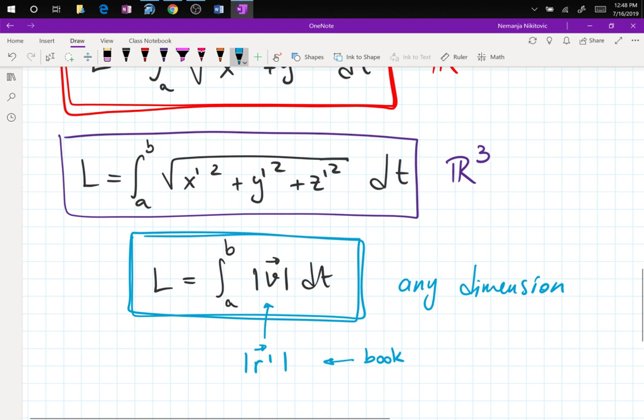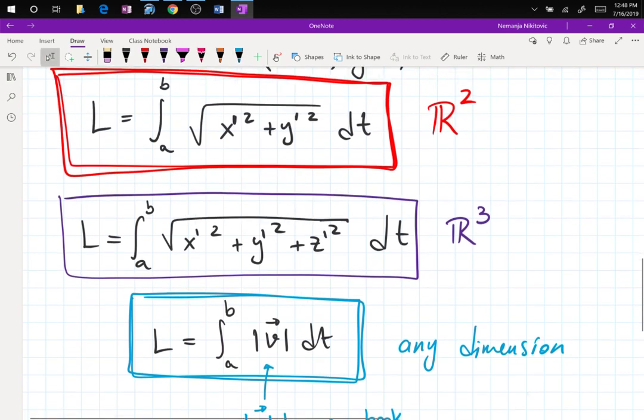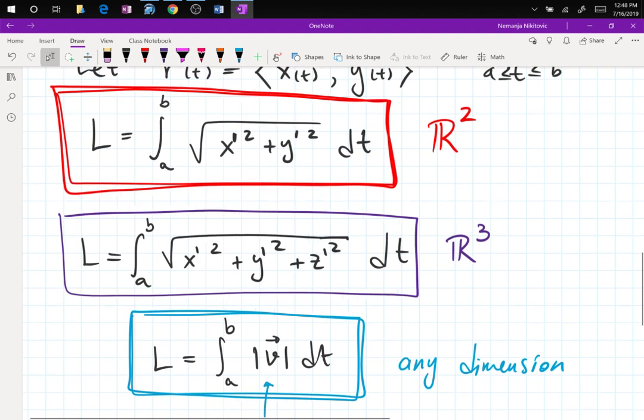We know that velocity is r prime. So we had that in the previous 2 lessons. So here are your parametric form, and the great thing about parametric form is that they work in any dimensional space. So whether it's R2, R3, or R7, whatever, it works great.